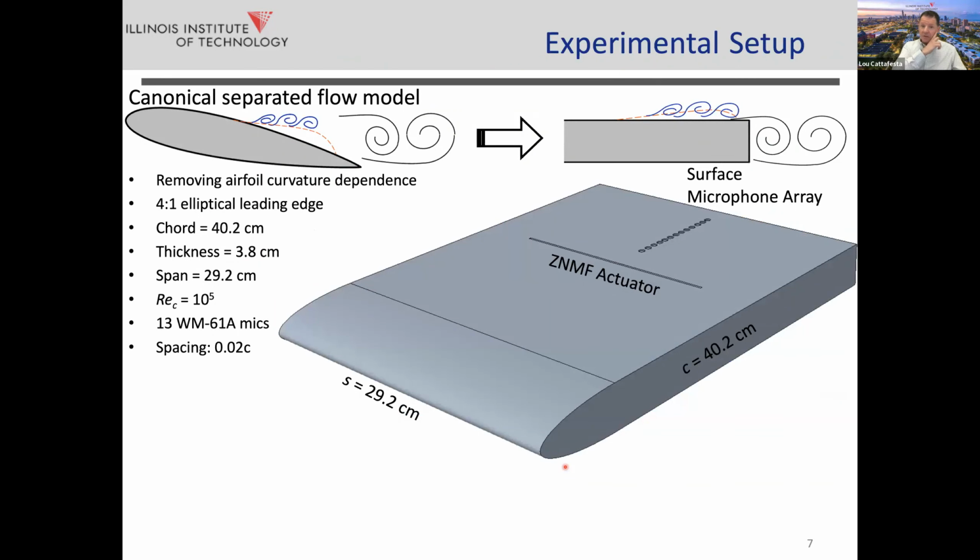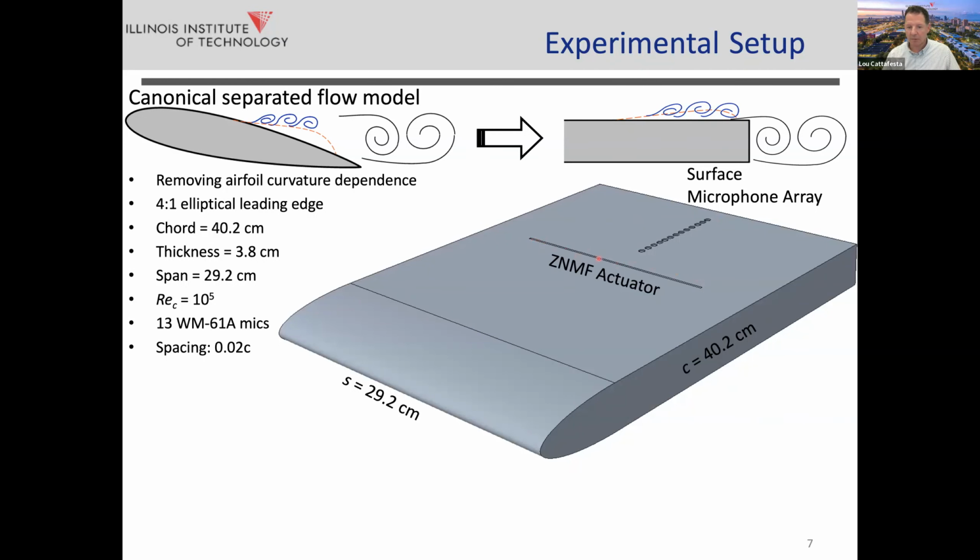So a little bit about the experiment. As I showed you on the first movie slide, this is occurring on a flat plate. So the flat plate itself spans the width of the test section, and you can see its chord is about 40 centimeters long and it has an elliptical leading edge. And for the cases that I'll show you here, we've got a chord Reynolds number of nominally 100,000. And you'll see that where the separation occurs is just going to be downstream of this location.